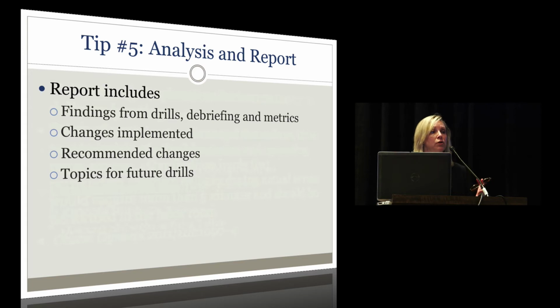You may run a drill and find that we are really, really good at responding to OB hemorrhage, but our problem is getting the blood down from the blood bank to our patients. How are we going to streamline that process? So you may want to drill something like that in the future to see what is going to be the best answer to that problem.